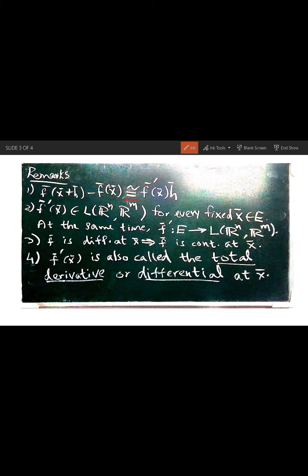Because f of x plus h minus f of x is equal to f dash x into h, that means Ah, plus some r of h. That r of h is there. It is a quantity tending to 0. It is a quantity tending to 0 faster than h tends to 0.